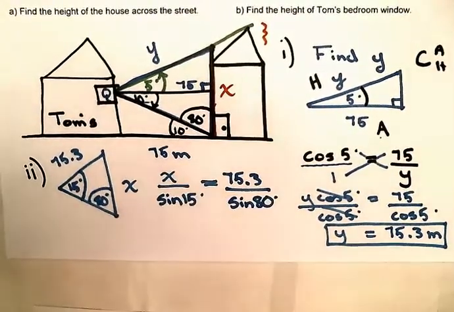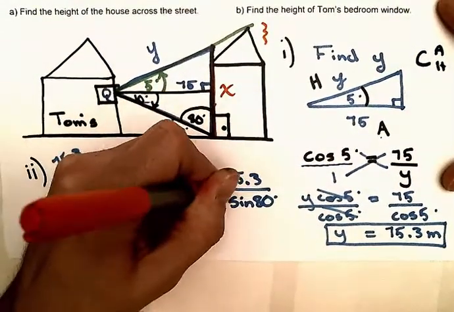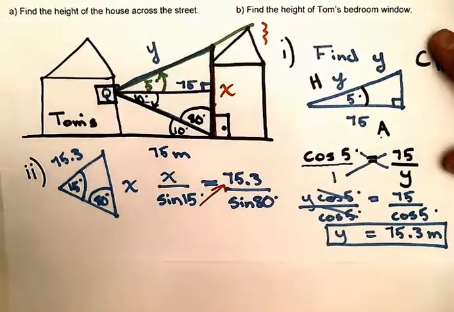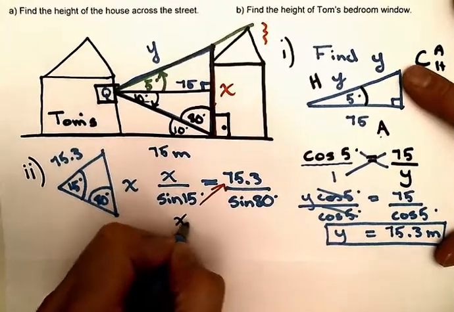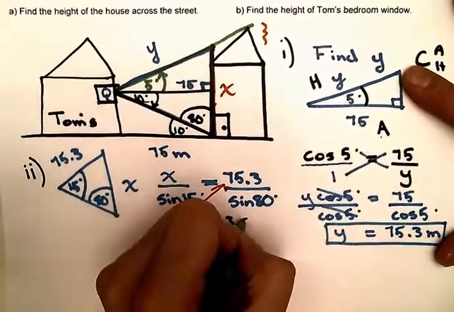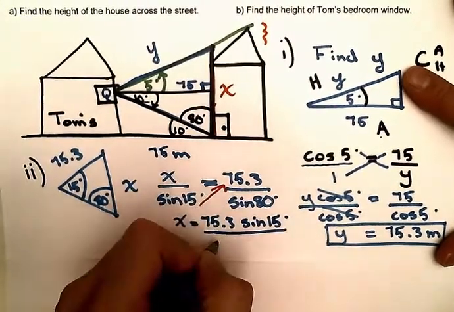And then you're able to cross multiply, and you'll be able to set up your answer. So x equals 75.3 sine 15 degrees over sine of 80.